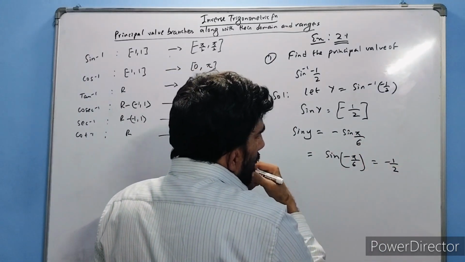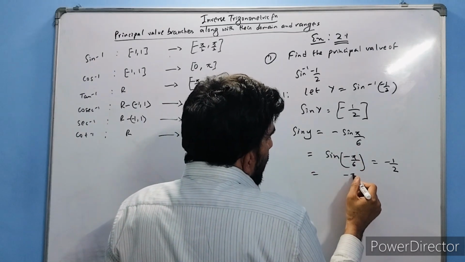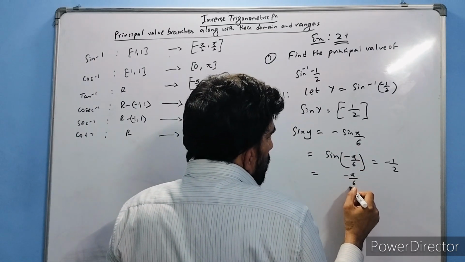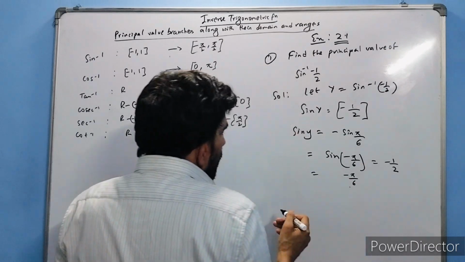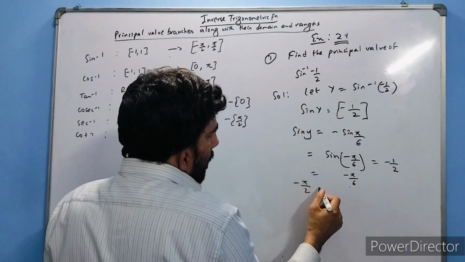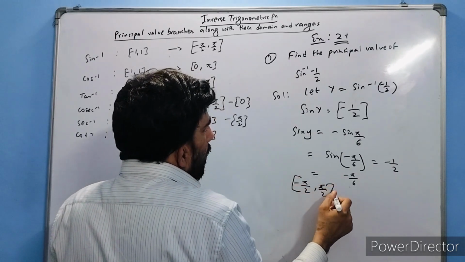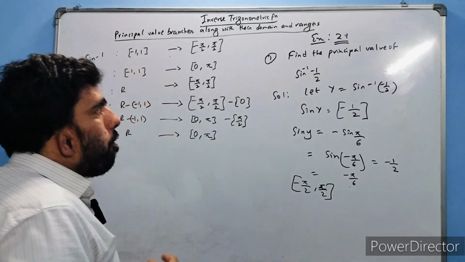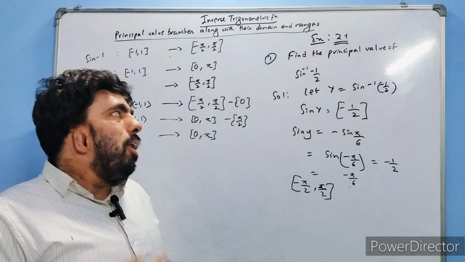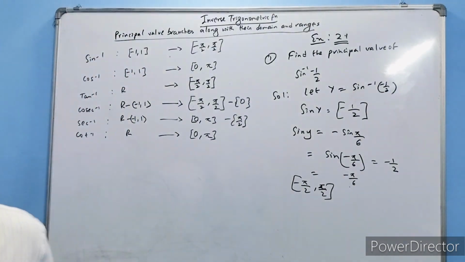So y will be minus pi by 6. We know that the range of sine inverse is between minus pi by 2 to pi by 2. That is how we find the principal value of sine inverse minus half.